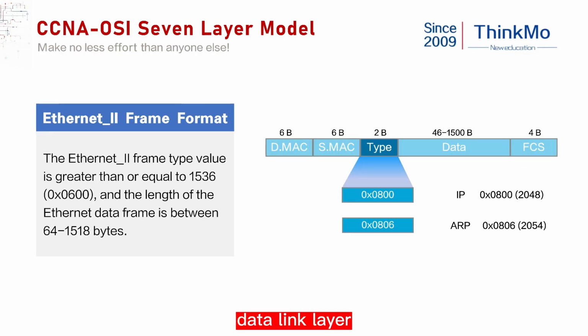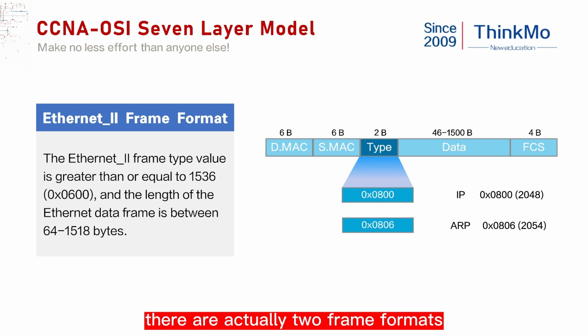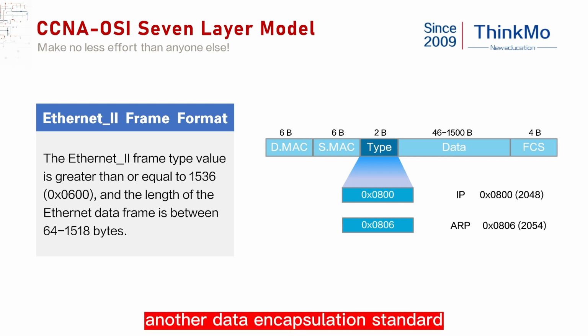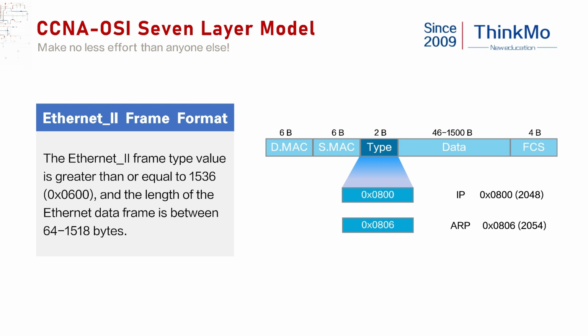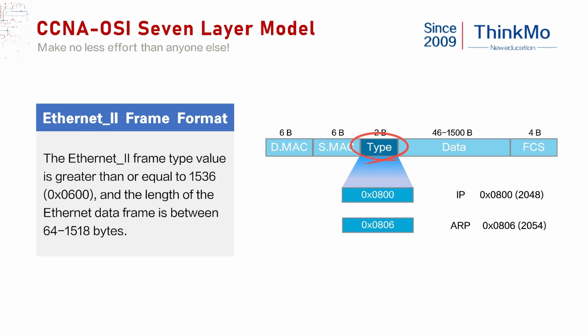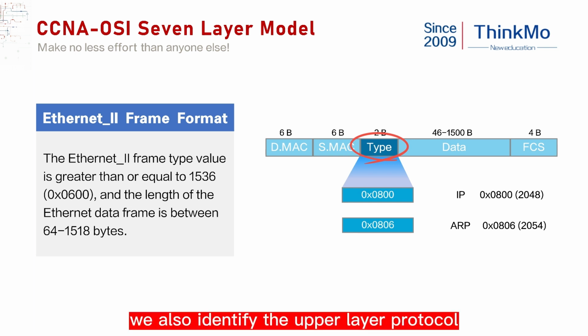The data link layer actually has 2 frame formats: something called Ethernet II, and a type of standard called IEEE 802.3. IEEE 802.3 is another data encapsulation standard; we see it less, and we use Ethernet II more. Its structure is also very simple. There will be a type field, in which we also identify the upper layer protocol.